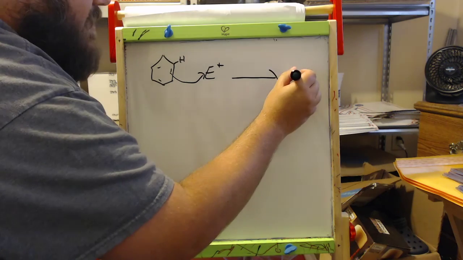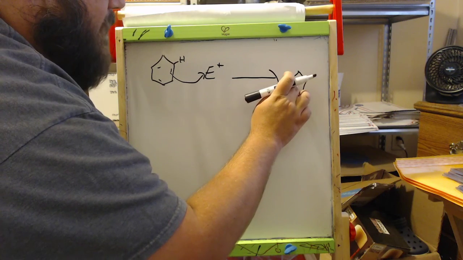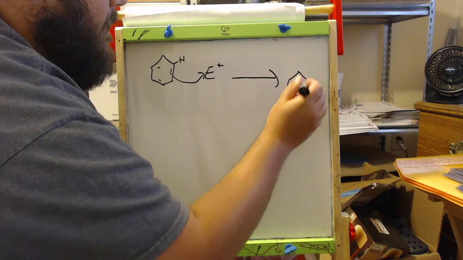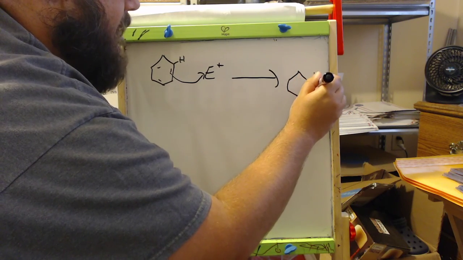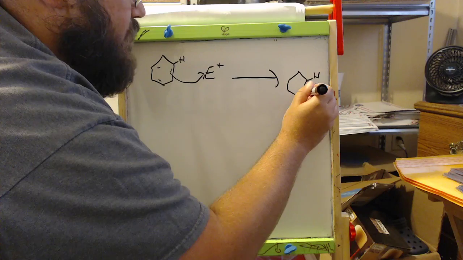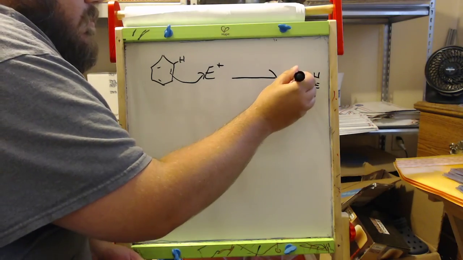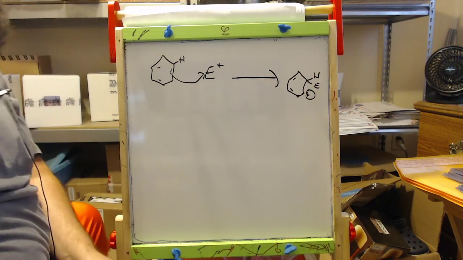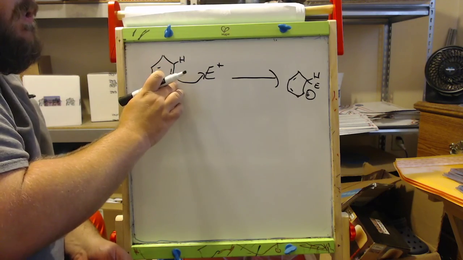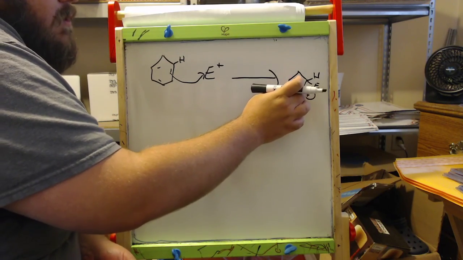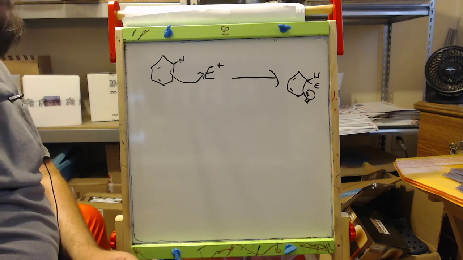So let's just draw it this way first to explain it. Right now, as we sit, I'd have a hydrogen and the electrophile. I'd also have a positive charge sitting on that carbon right there. Because this double bond, these electrons are used, this is now short. It's making 1, 2, and it has a hydrogen here, 3 bonds, so it'd have a positive charge.